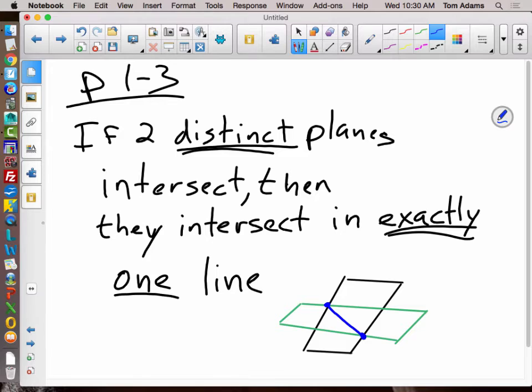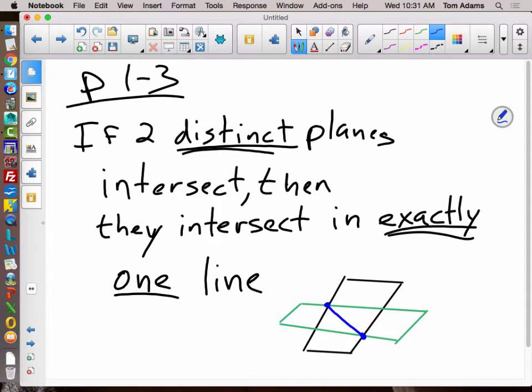It's better if I take two sheets of paper. Let me show you. I have two sheets of paper. Okay? Each piece of paper is a plane, right? If I hold them like this is a plane, this is a plane, right? But now if I allow them to intersect, and this is really rough, you can see where they intersect, it would be a line.